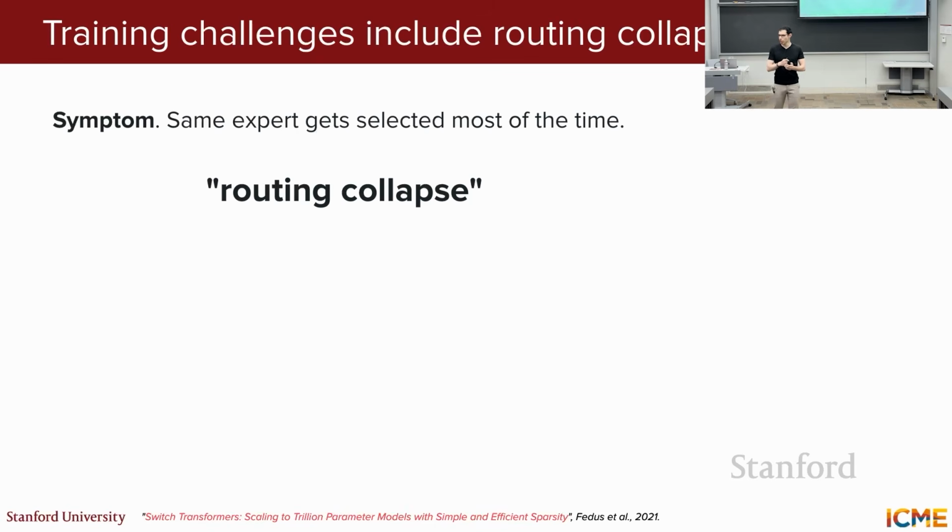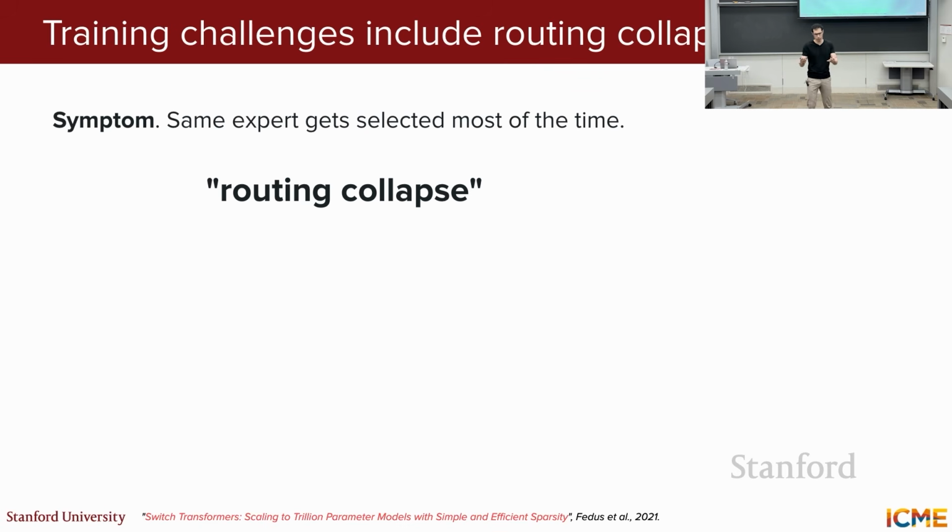Now back to your question about how you train this model. Do you train the router separately? Do you train the experts separately? One challenge that people have when they train these MoE-based models is making sure that all experts are being used.